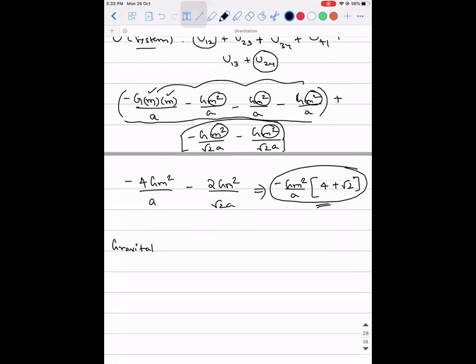So, next is you need to calculate the gravitational potential at the center. So 4 masses are there. A. Tell me what is this distance?